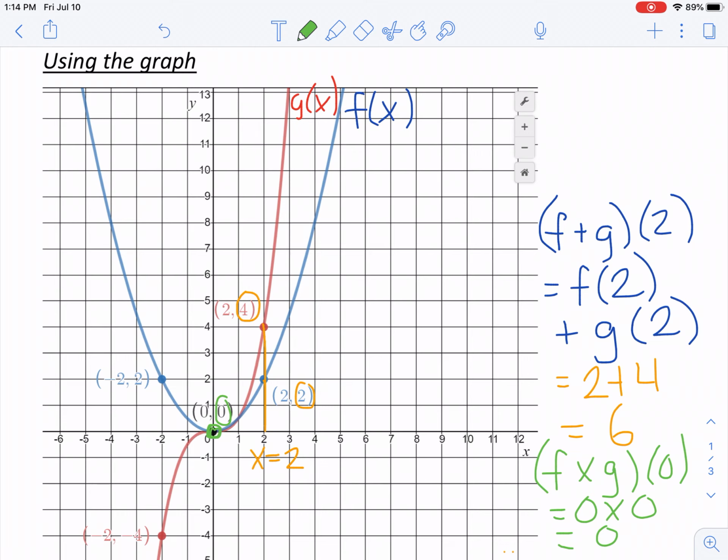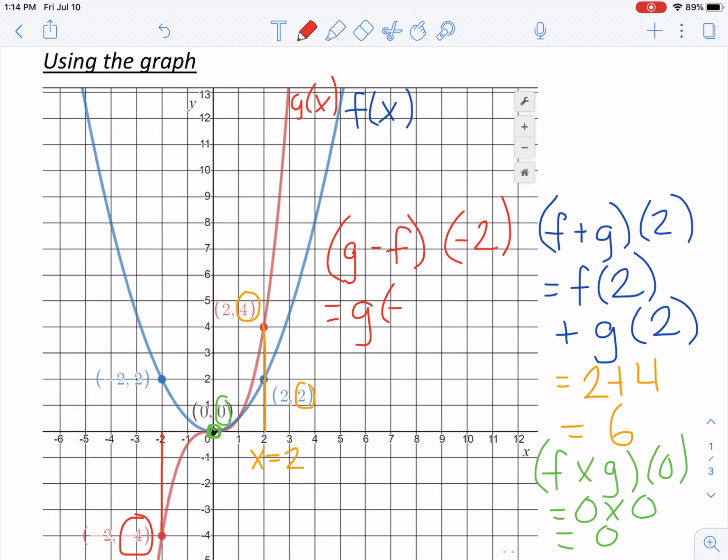If I wanted to subtract f minus g, or let's do it the other way around, g minus f at negative 2, we're going to go to x equals negative 2. We're going to trace up to g first, or down to g first, which is the red graph. And our y value is negative 4.